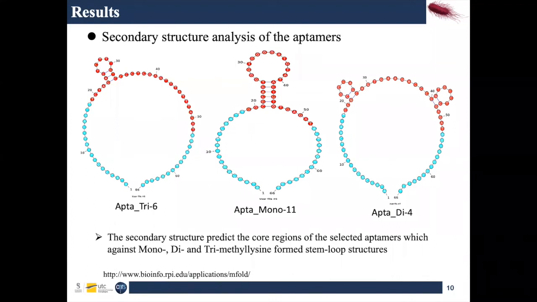The measurement is in progress, and we also got good results for the specificity of each type of methylation and these aptamers, but we didn't show the results here.